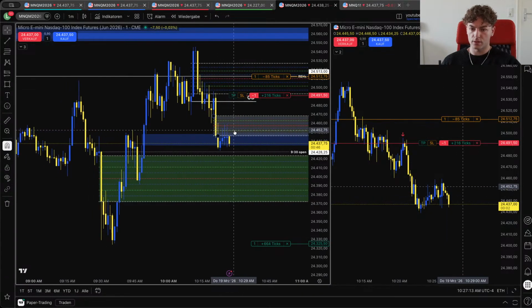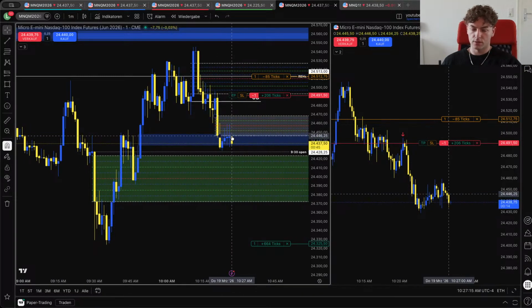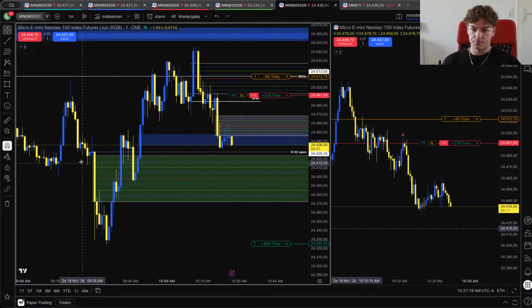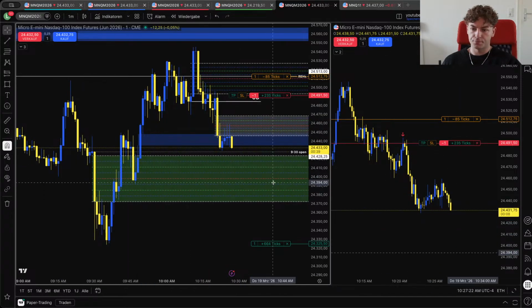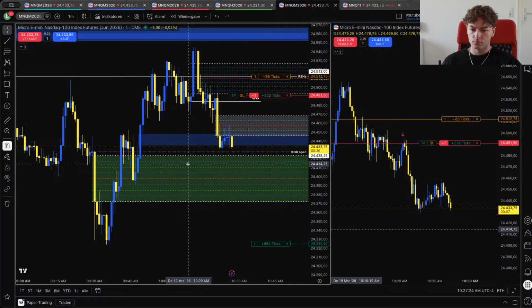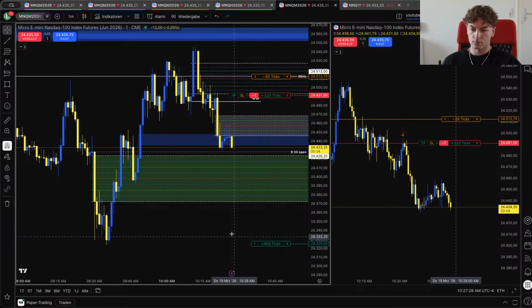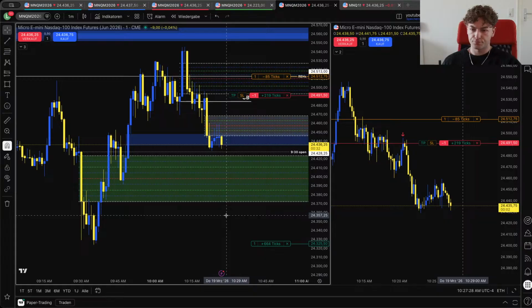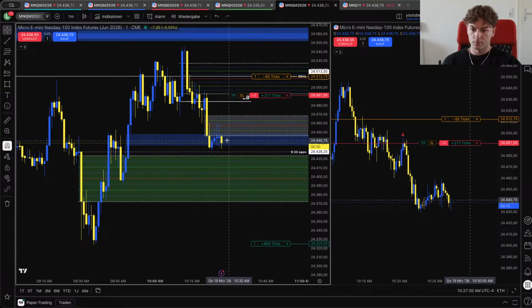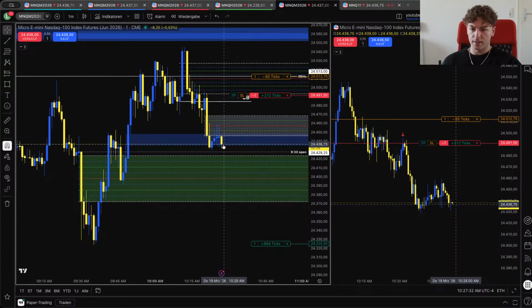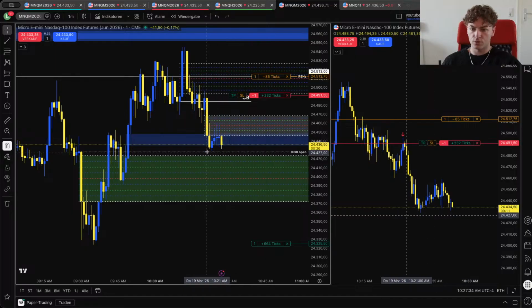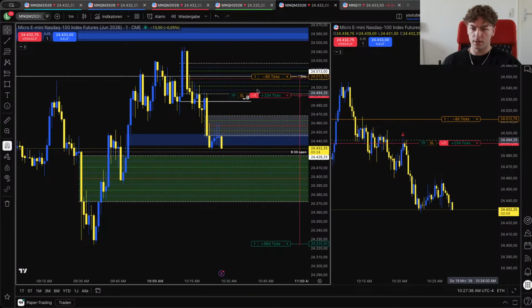So that's weakness. So we want to see price now dig into this fair value gap. If I see a displacement below this short-term low into this fair value gap, I trade my stop loss below break even.